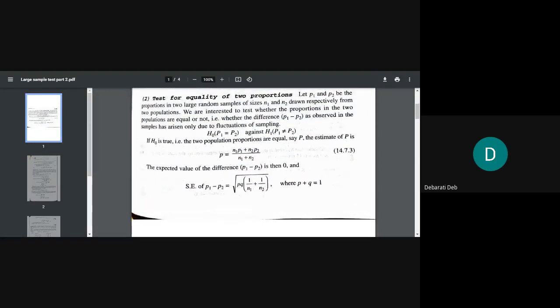See the formula, the first formula: N1 P1 plus N2 P2 divided by N1 plus N2. P1 we know, N1 we know, so we'll just substitute the numbers. 900, that is N1, into P1, that is 0.20, plus N2, that is 1600, into P2, that is 0.15, divided by N1 plus N2. See whether you're getting the same answer, 0.168.